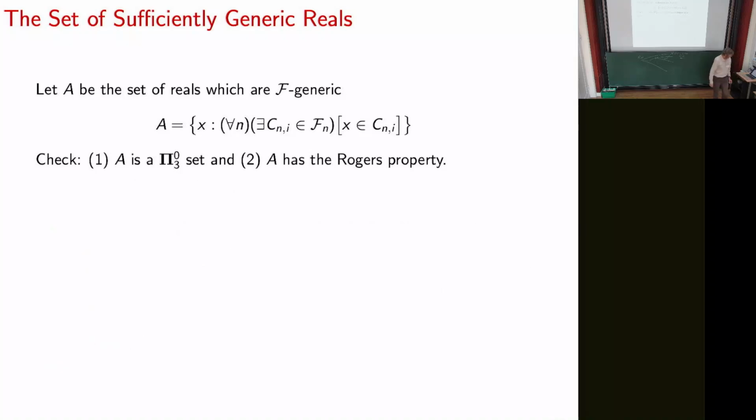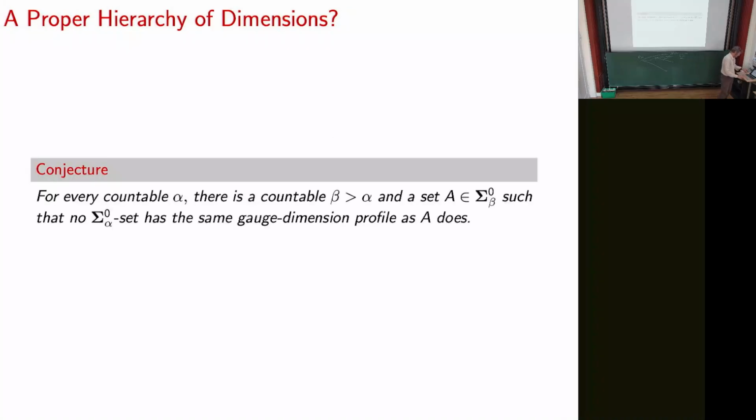Okay. Now, what is interesting here? Do you recall, the Borel hierarchy is a proper hierarchy. For every countable ordinal, you get a universal set, which allows you to do a diagonal argument.